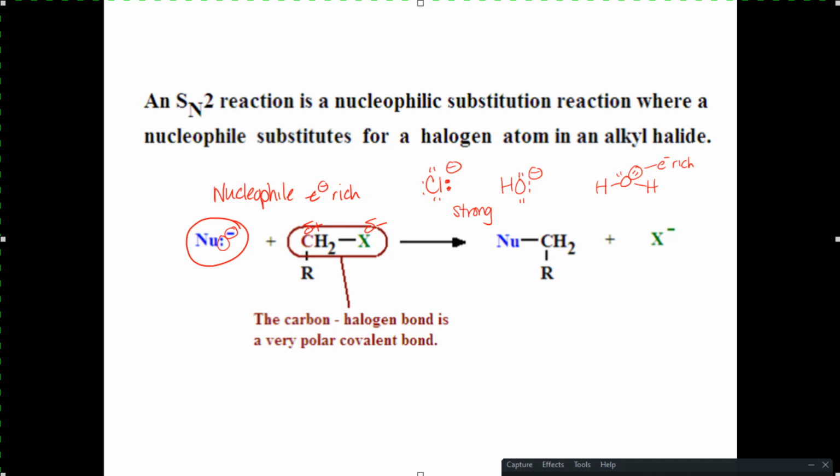And this species right here that has a slightly positive charge is what is going to be called an electrophile. And electrophiles are electron poor species. In this case, this carbon is electron poor because its electron density is being taken by the halogen. So that leaves it with a delta positive charge.